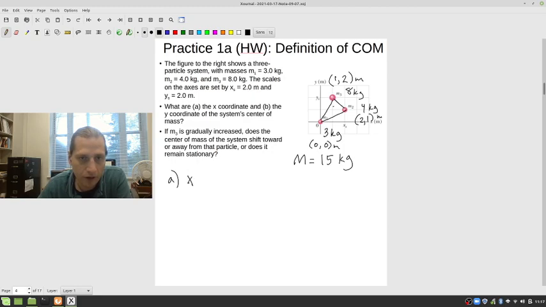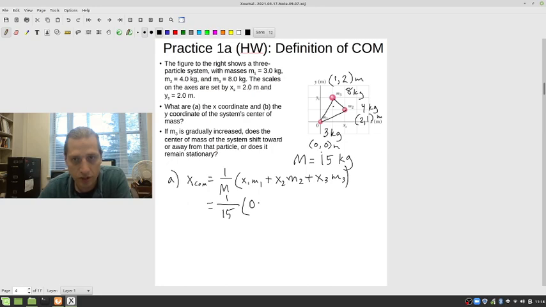And the way we find our x center of mass is by going 1 over M times x1 times the mass 1 plus x2 times the mass 2 plus x3 times the mass 3. And so in this case, that would be 1 over 15, 0 times 3 kilograms.